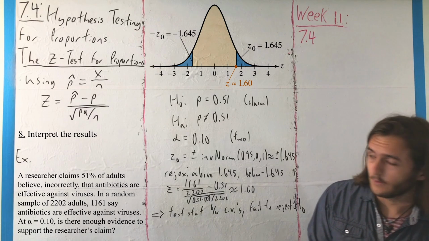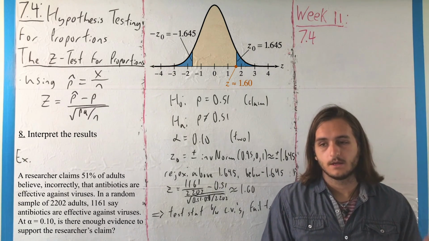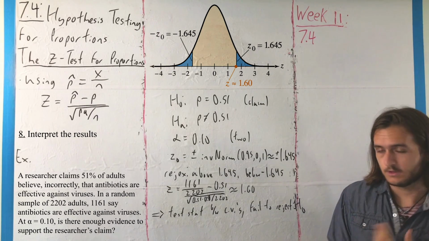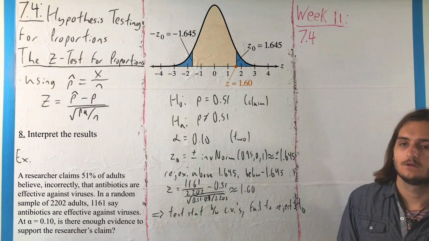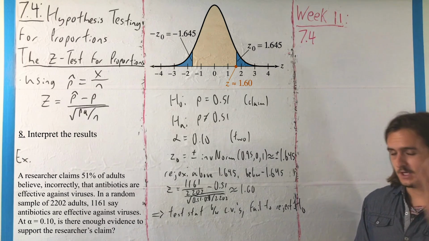Still works in exactly the same way. It's just a little bit tighter, but importantly, we are not in the rejection region here, so we would fail to reject, and thereby fail to reject the claim.